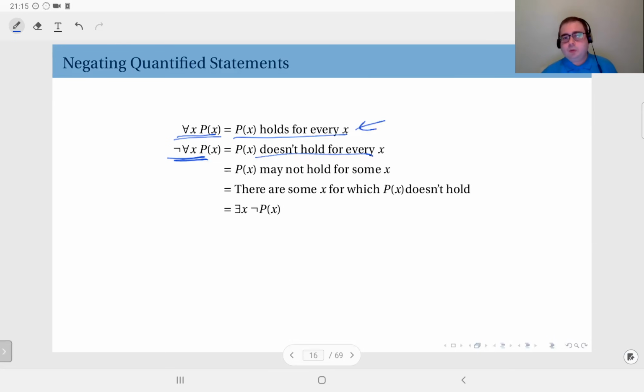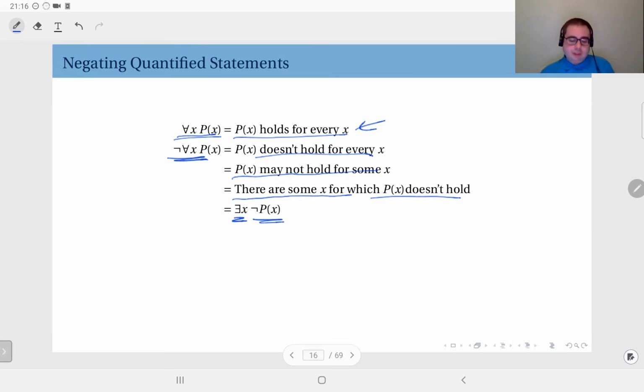So what we are saying is it might not hold for some x values, maybe not all of them, but some of them make p of x false. p of x may not hold for some x. This means there are some x for which p of x doesn't hold. Now we are talking about existence. There exists an x value, one or more, we don't know, but there is at least one for which p of x is not true.